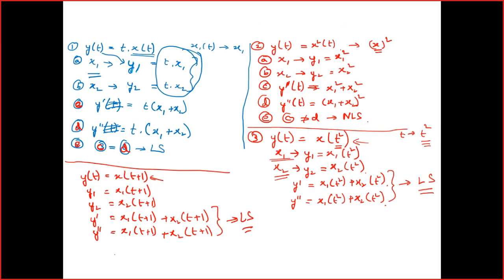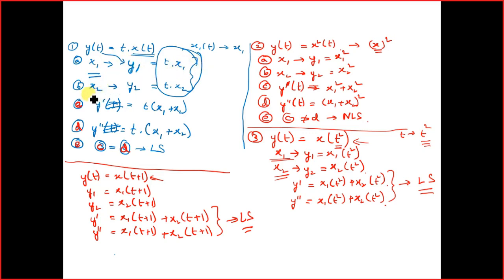Now let us look into some examples. Say we have y(t) equals t multiplied by x(t). When we give an input of x1, we get y1, which is equal to t into x1. I'm not writing the t for the sake of convenience over here.